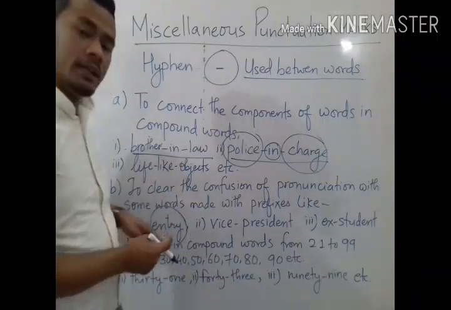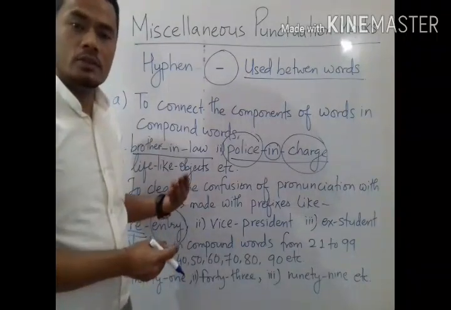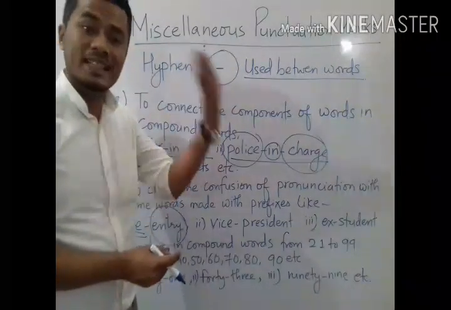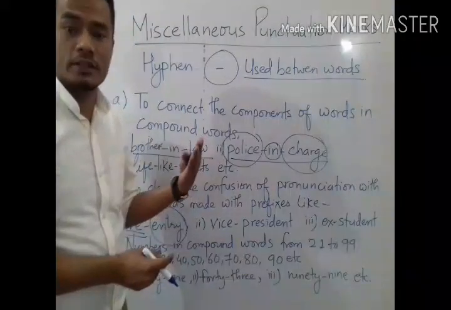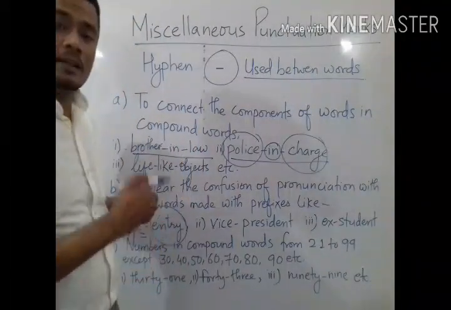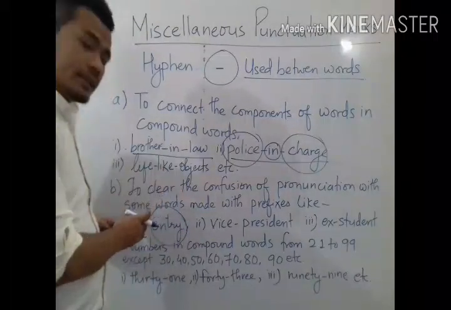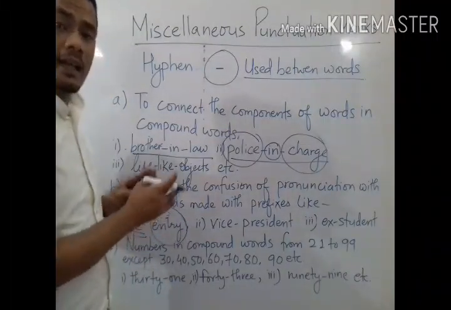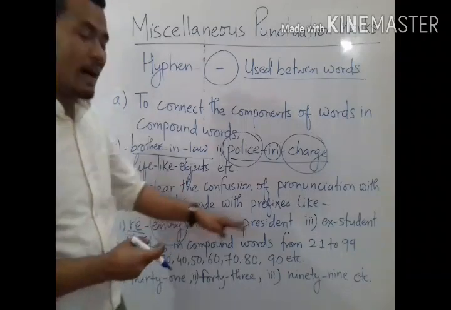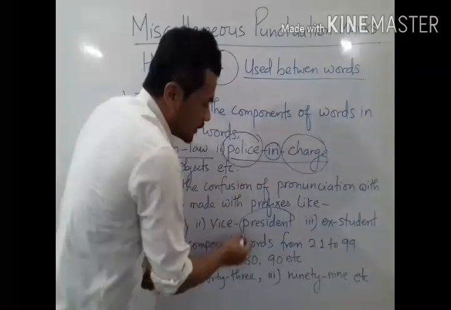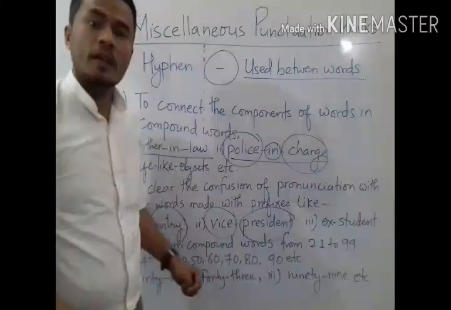So re-entry, to clear the confusion of pronunciation, while writing we have to put a hyphen between the prefix re and the real word entry. In the same way, vice-president: president is the real word and vice is the prefix.